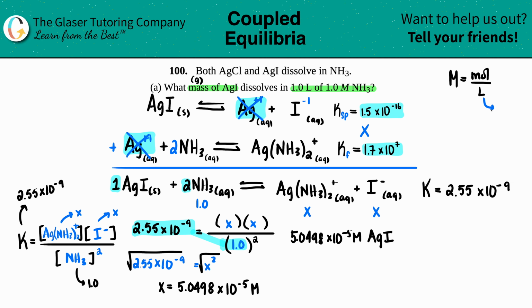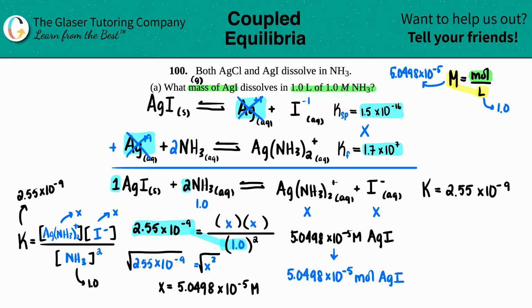But if you have 1 liter, and my molarity is 5.0498 times 10 to the negative fifth, if we just rearrange these, if I'm solving for moles, moles is molarity times liter, but if you're timesing by 1, it's the same number. So this would be equal to 5.0498 times 10 to the negative fifth moles of AgI.